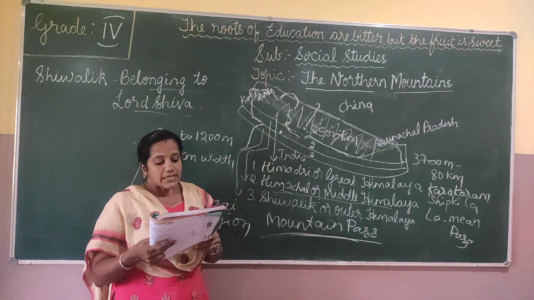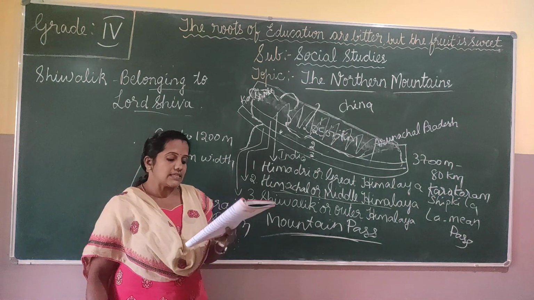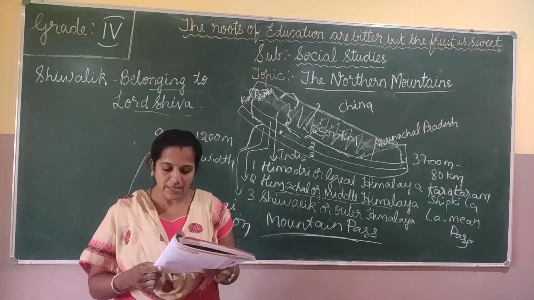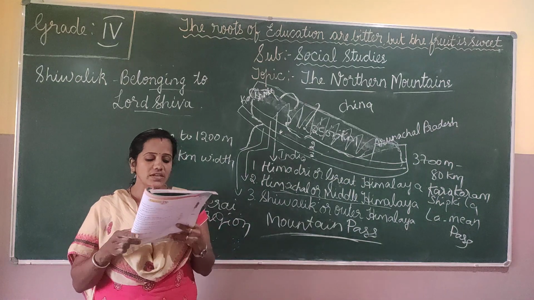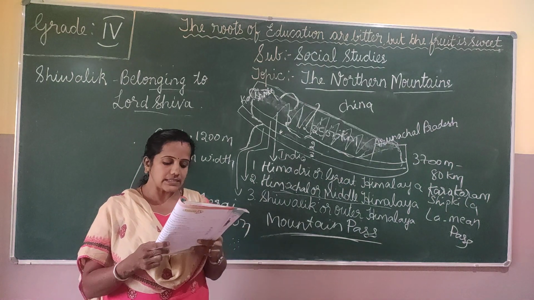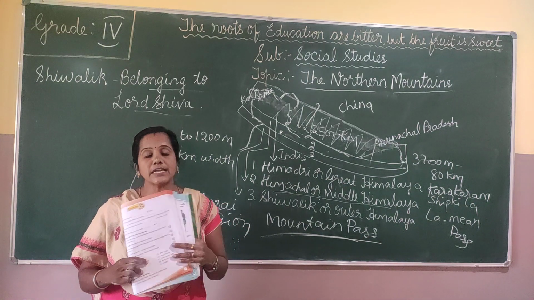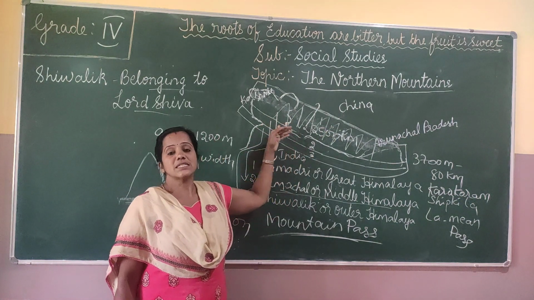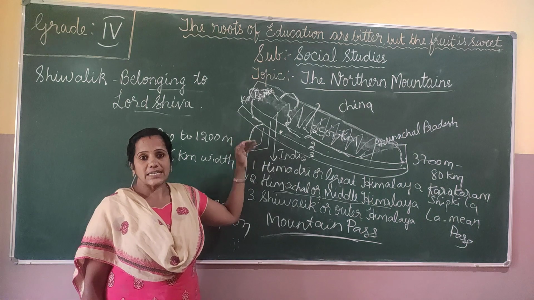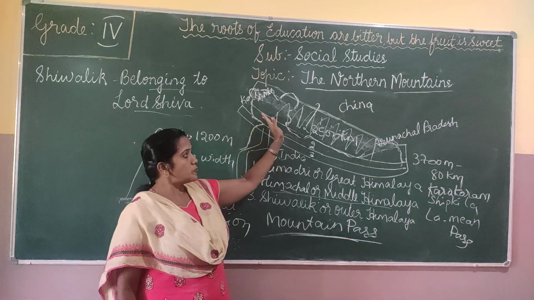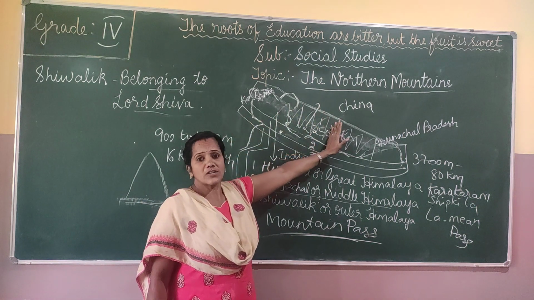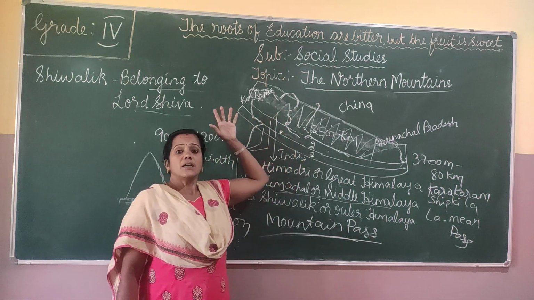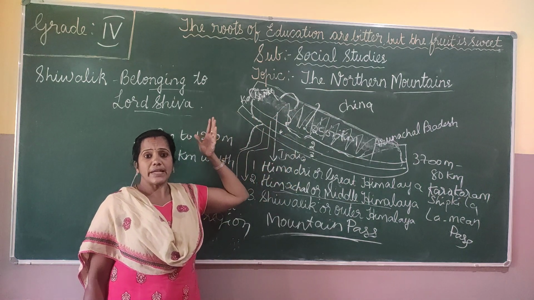India would have been a desert if there were no Himalayas. They check the monsoon winds and cause rain in the entire northern plains. These mountain peaks stop the rain-bearing clouds.